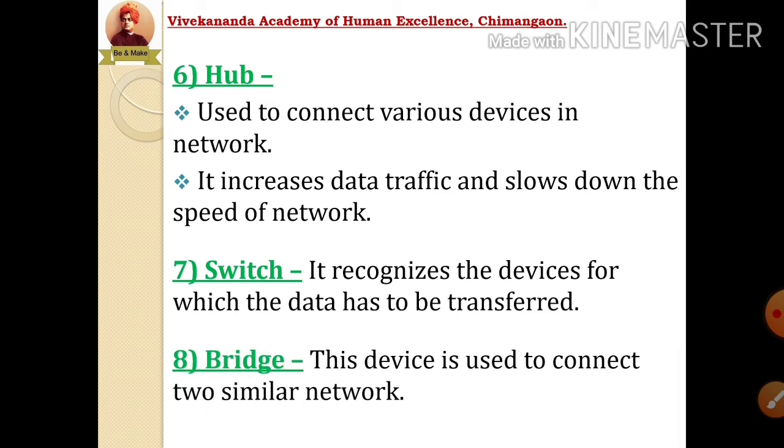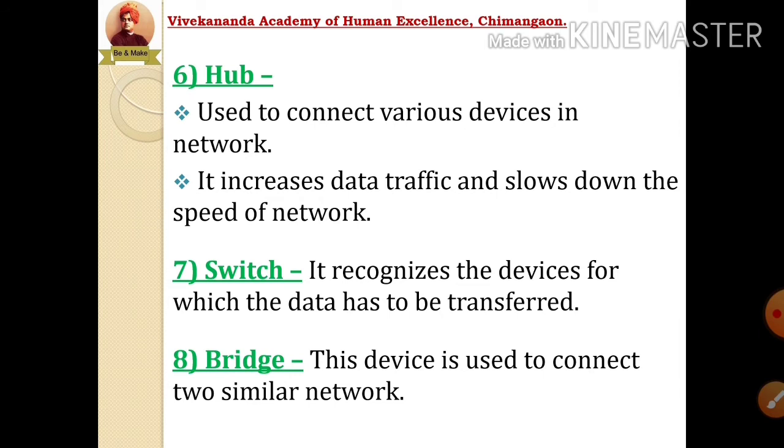Next component is bridge. This device is used to connect two similar networks. As we have seen the bridges on our roads, whenever there is a river or any depth, the two portions of land are connected with the help of bridges.